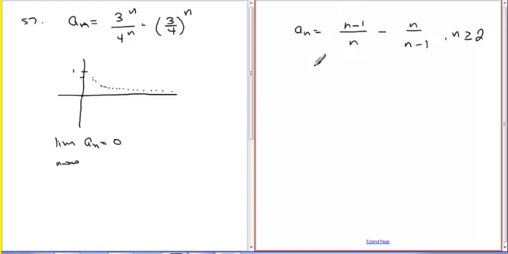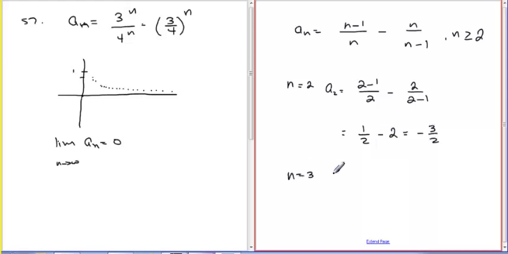So again, we can just try a few numbers, see what it looks like. So let's try n equals 2. So a sub 2 is 2 minus 1 over 2 minus 2 over 2 minus 1. And that's going to be 1/2 minus 2, which is negative 3/2.